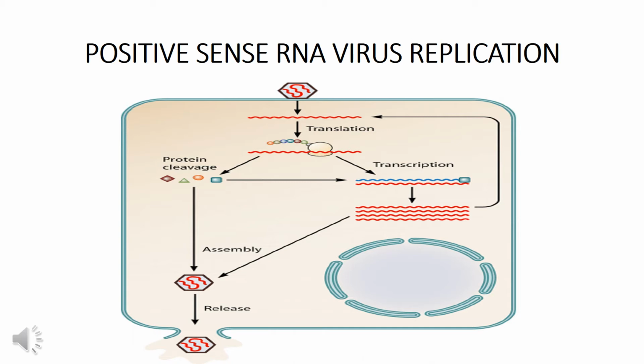What happens in positive sense RNA virus replication? After uncoating of the virus, when RNA enters the host cell, this RNA directly, please note it down, comes in contact with the ribosomes of the host cell.